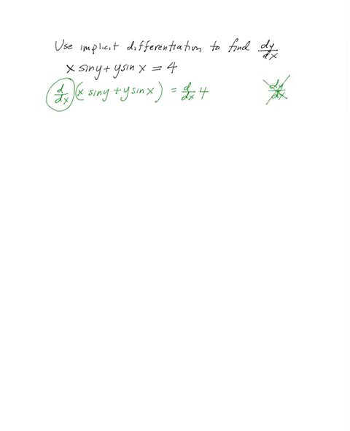You're taking the derivative of this x sine y plus y sine x with respect to x. So you want just to write this. This symbol is an action item. It says do something. What does it say to do? Take the derivative of what follows with respect to x.